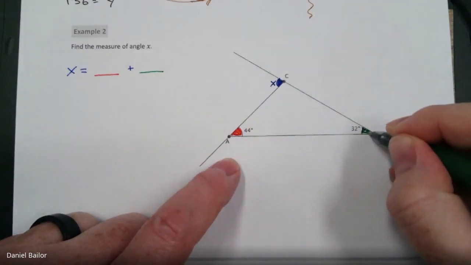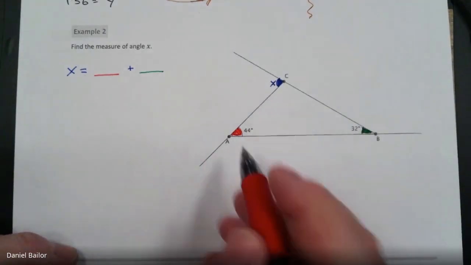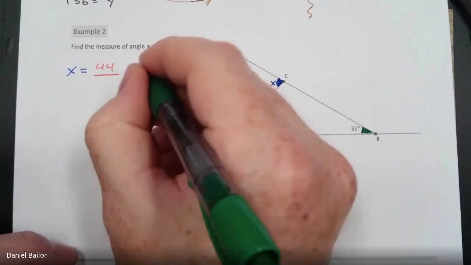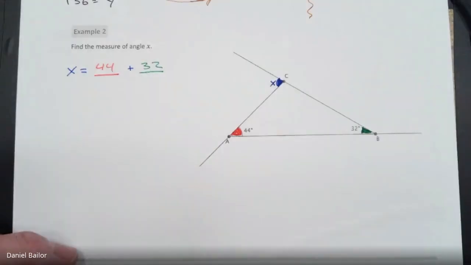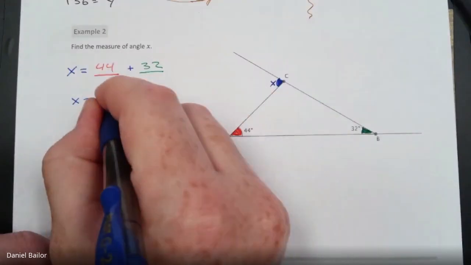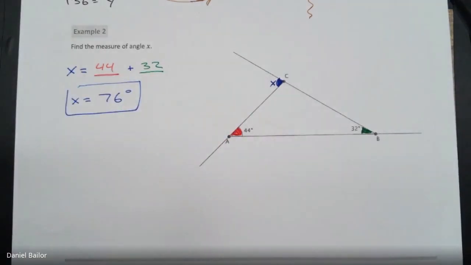So the shortcut just tells me that X is going to be equal to the 44 plus the 32. So X is going to be 76 degrees, and I'm done. That's the shortcut. Because I memorized the rule.